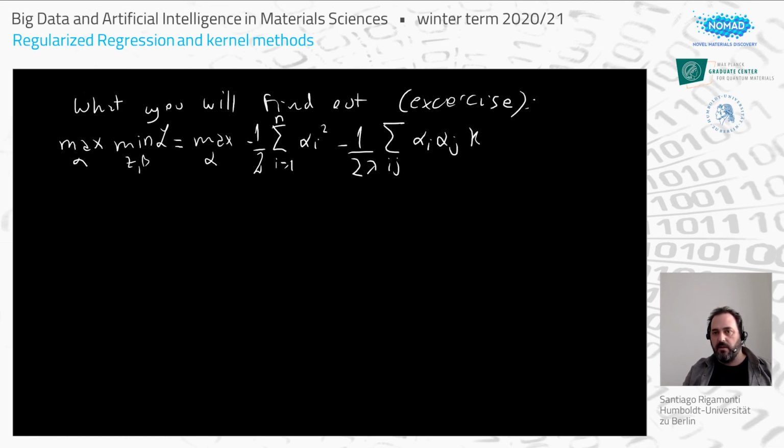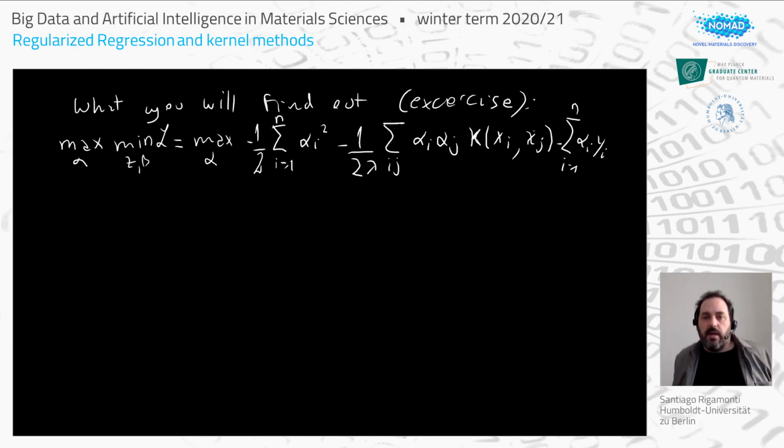With the kernel we are just hiding the scalar product, which could be something else, of x_i, x_j, minus the summation over i from 1 to n of alpha_i y_i. You see that this is now a quadratic problem in alpha that can be solved quite easily.